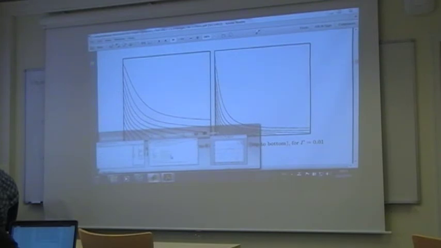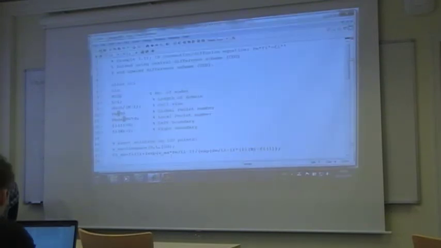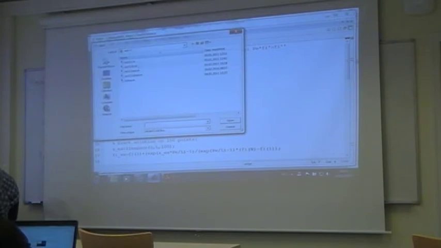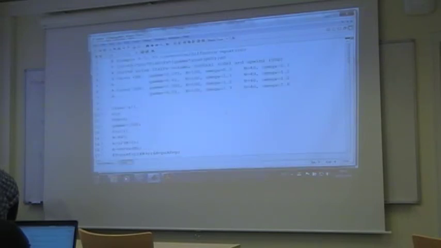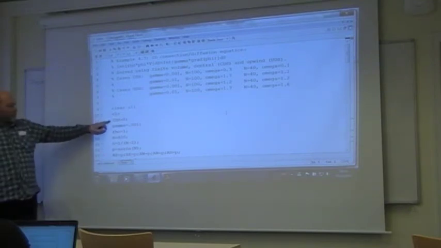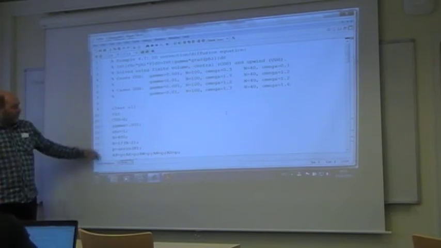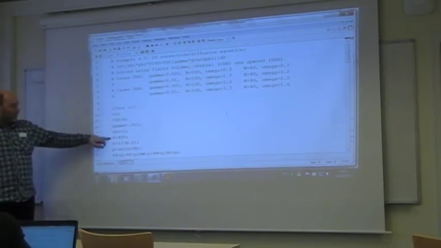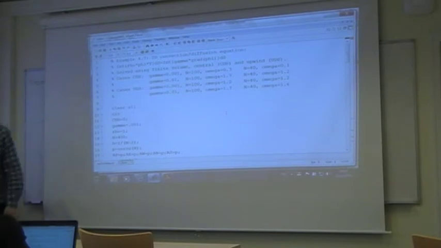So let's see if we have the code here. It should be this one. I just have a switch here. I can choose central scheme or upwind scheme, setting the gamma and setting the number of points.